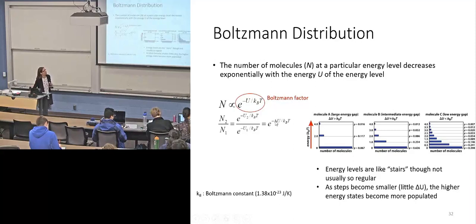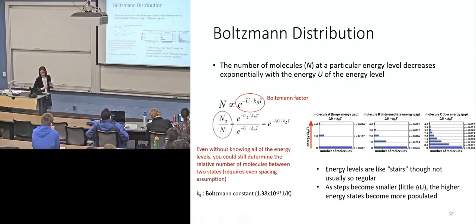As this value gets smaller and smaller, this value over here is going to get bigger and bigger. So even if you don't know all the energy levels, you could still think about the relative number of molecules that would want to be in a given energy state, if you can keep your even spacing assumption. This falls apart if they're no longer evenly spaced.